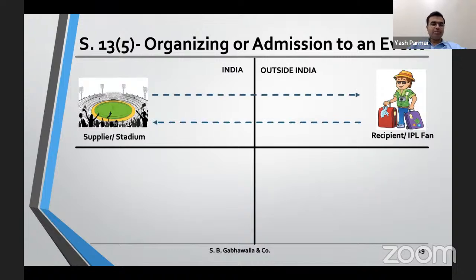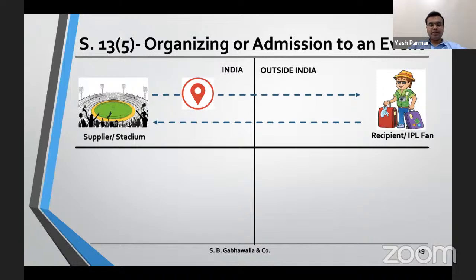In this case, although the stadium is giving service to a person resident of a foreign country, because this match is being played in India, the place of supply is held to be the location of the stadium, and therefore tax will be payable in India, because the supplier is in India and the place of supply is in India. Place of supply is the location where the event is actually held.